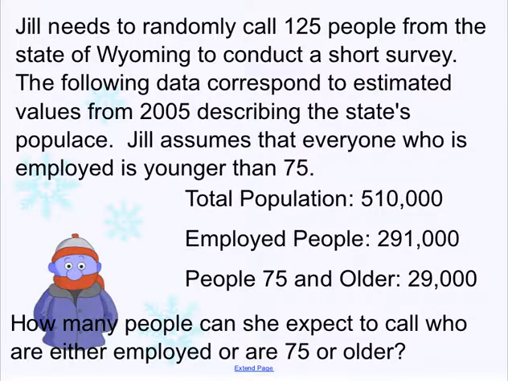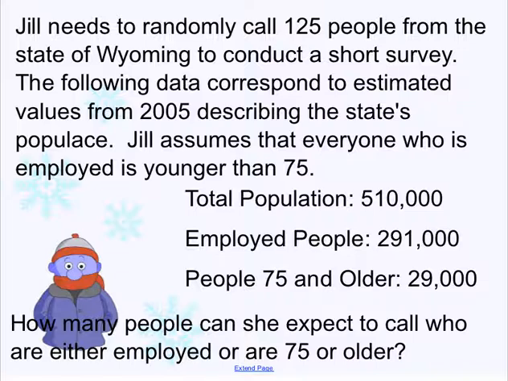Here's another example. Let's decide, though, if this is mutually exclusive or if this is inclusive. So Jill needs to randomly call 125 people so that she can conduct a short survey. So she is assuming that everyone who is employed is younger than 75. So if the total population is 510,000, the employed people are 291,000, and people 75 and older are 29,000.